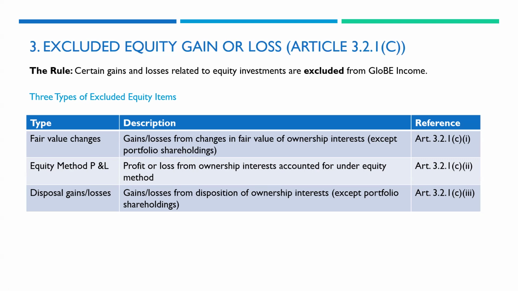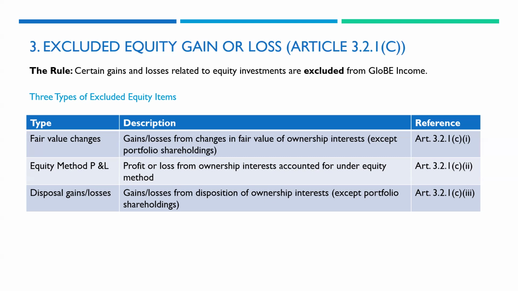Yes or no? Now, there might be equity method P&L income also. What happens if you have an associate, IAS 28 maybe? You just take the proportionate share of the profit of that associate, put it in your investments and put it in P&L.